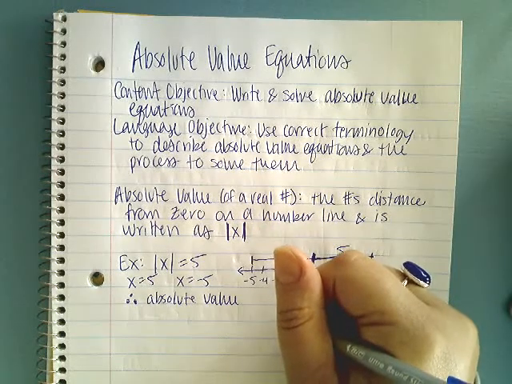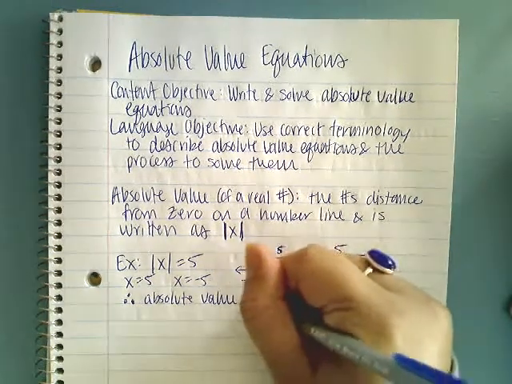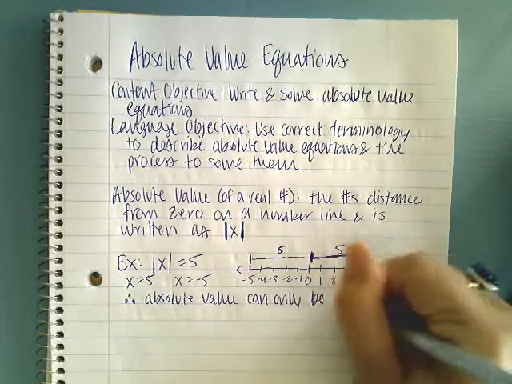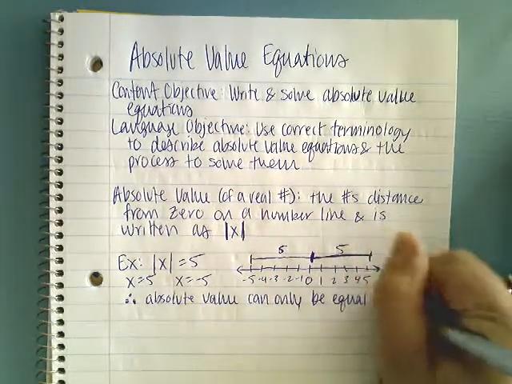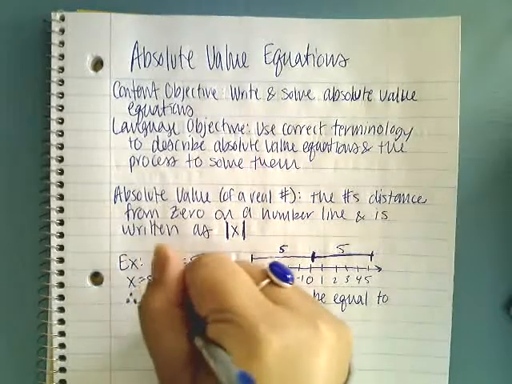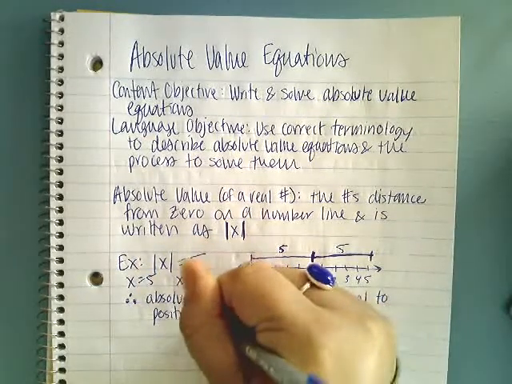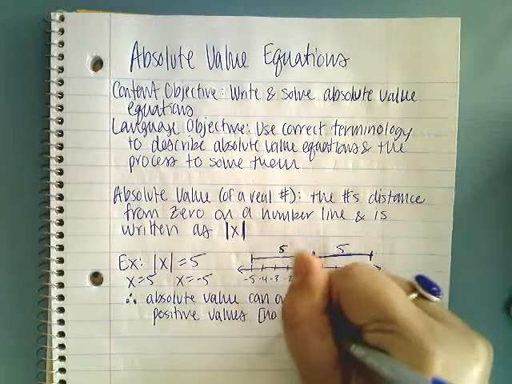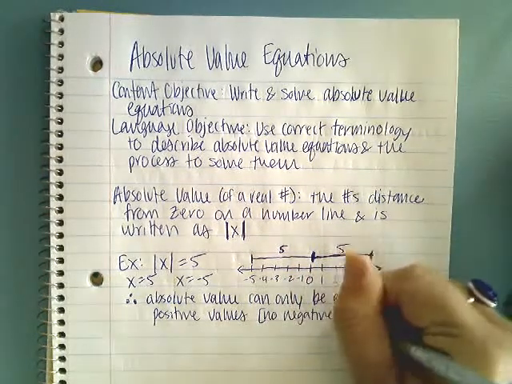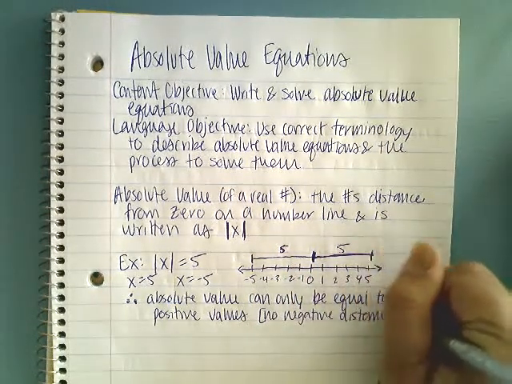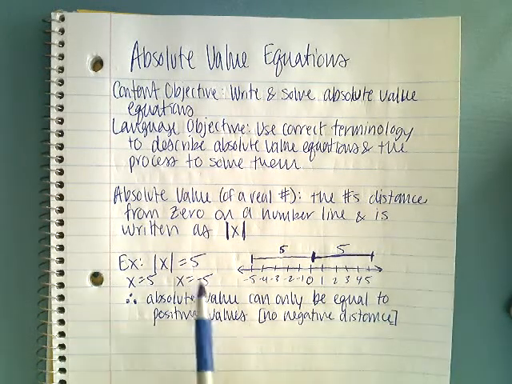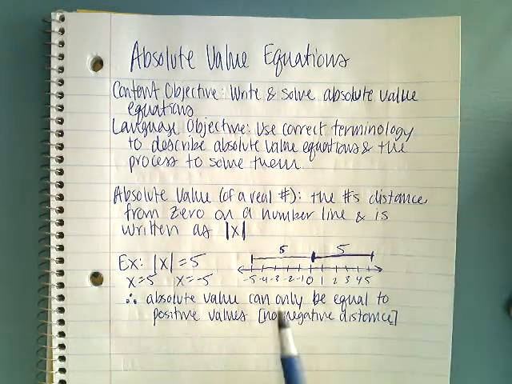can only equal positive numbers. Because there can never be a negative distance. So when something is inside an absolute value, when you take it out, it becomes positive because there's never a negative distance, there's only positive.